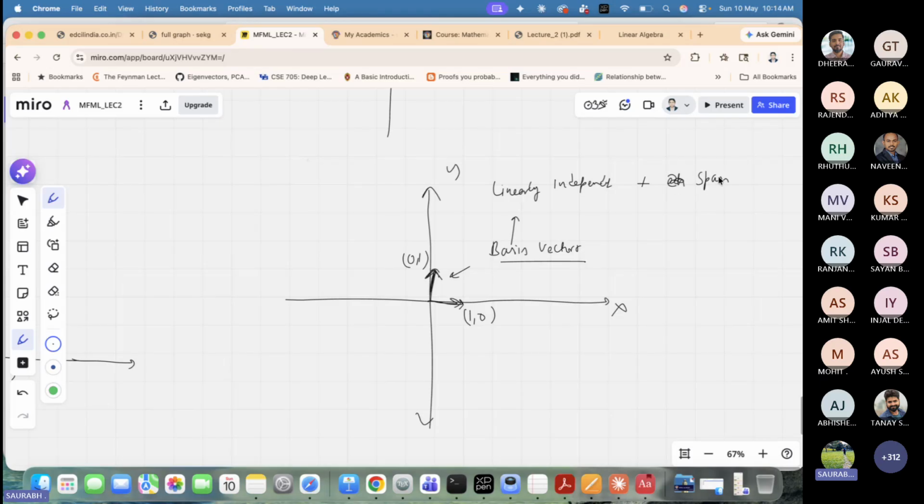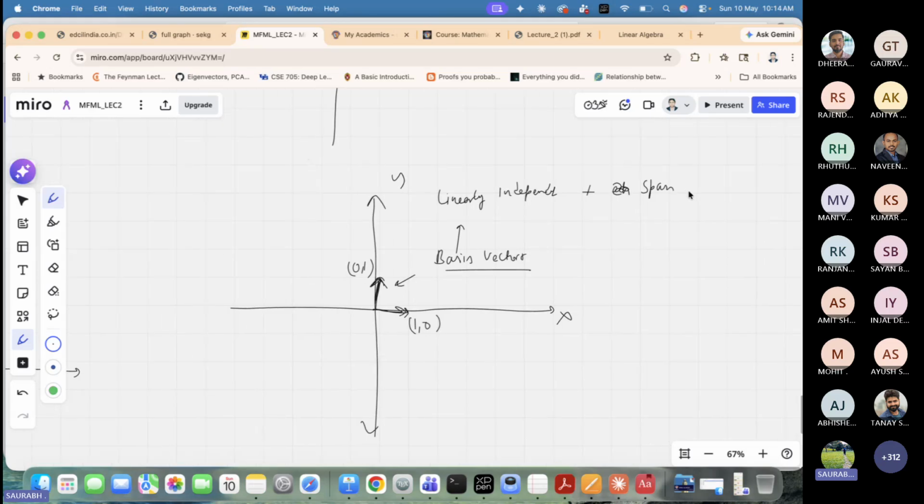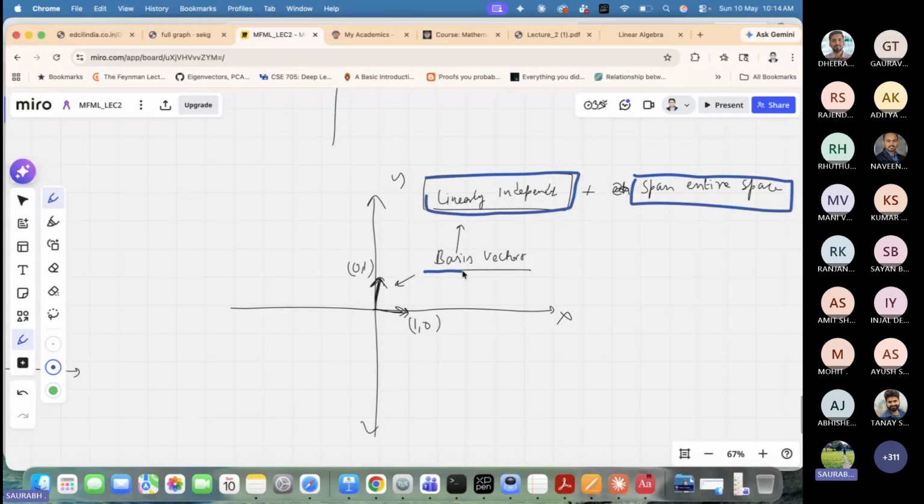Right now we are considering two dimensions. So if the vectors are linearly independent, and they can span the entire space, both of them happening using those two vectors, then the vectors are called basis vectors.